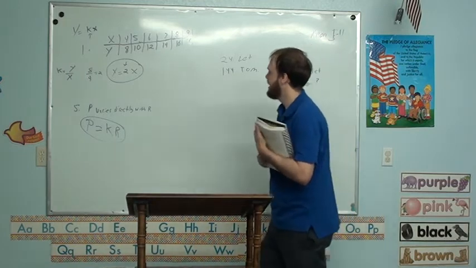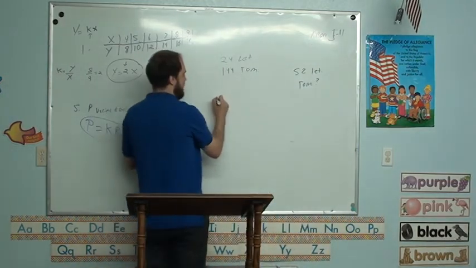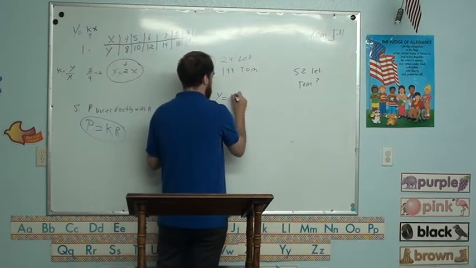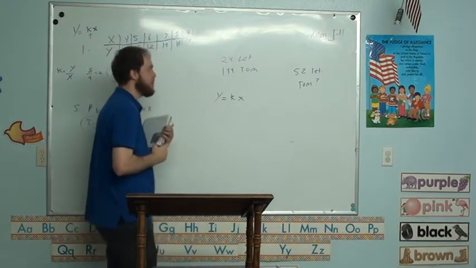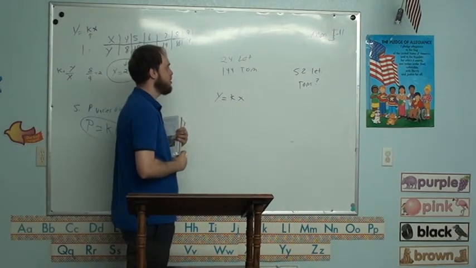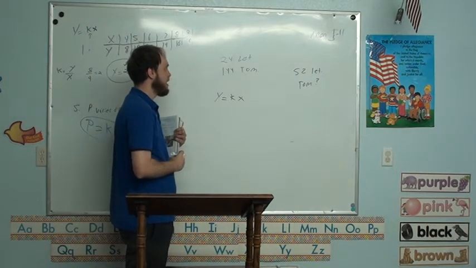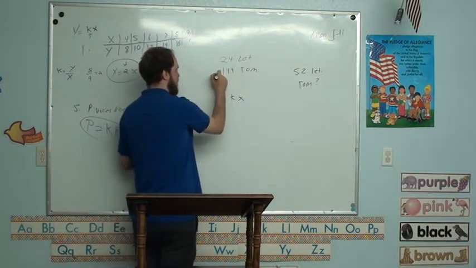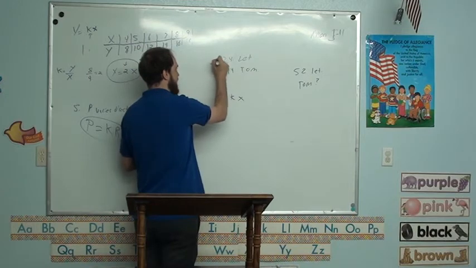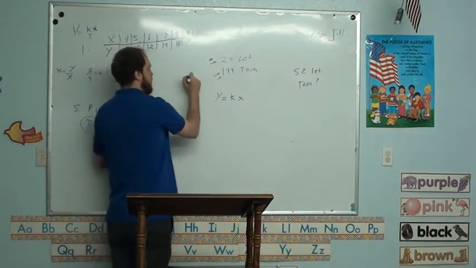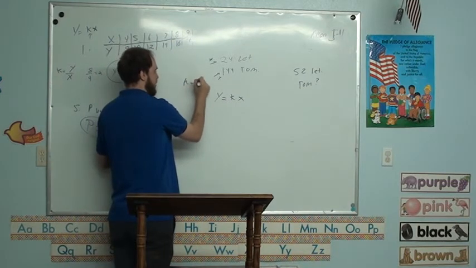And so, again, we're going to set up y equals kx. Okay, lettuce, tomato. So what I'm going to do is tomato over the lettuce. So I'm going to do 144. This will be my y. This will be my x, in other words. So I'm going to do k equals y over x.